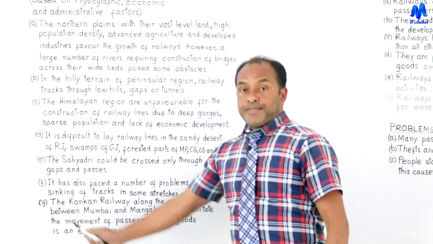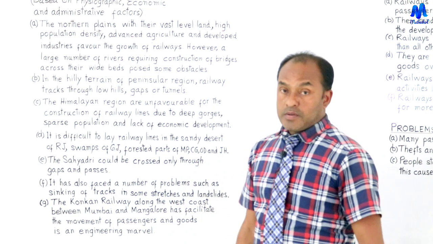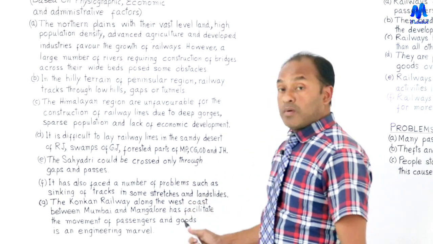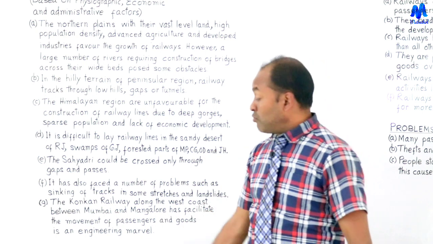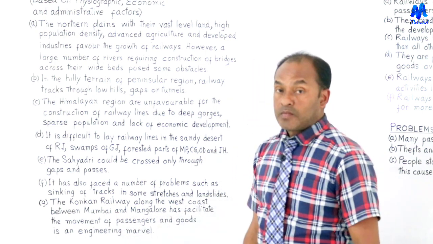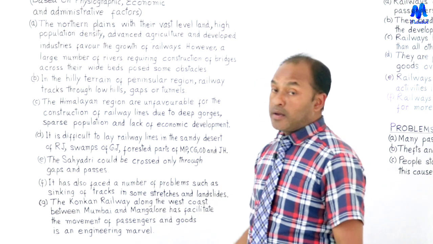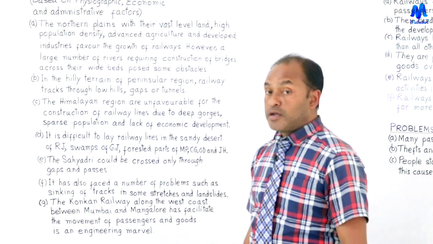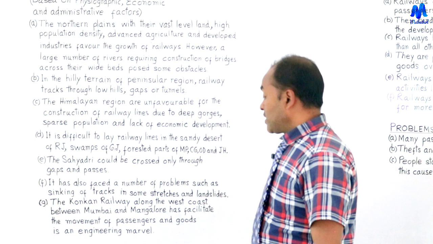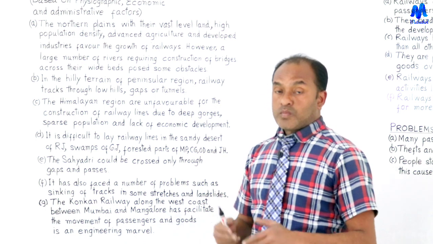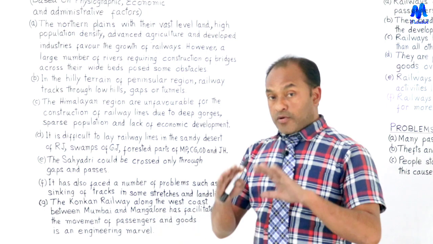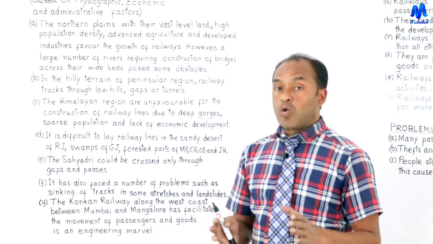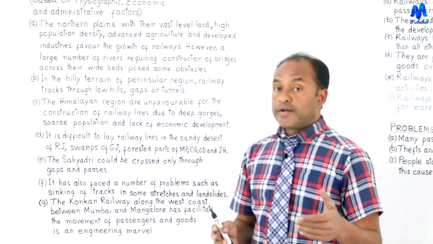And in number Z, it's about Konkan Railways. This railway line runs along the west coast of India between Mumbai and Mangalore. And this railway line is considered an engineering marvel because, you know, the formation of rock here is of old hard igneous rock type.